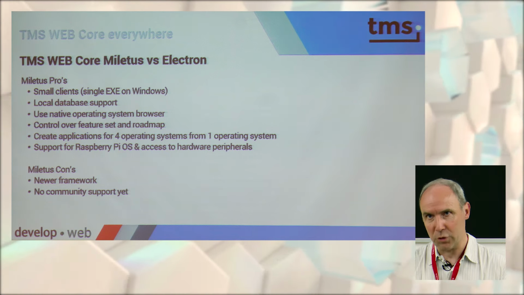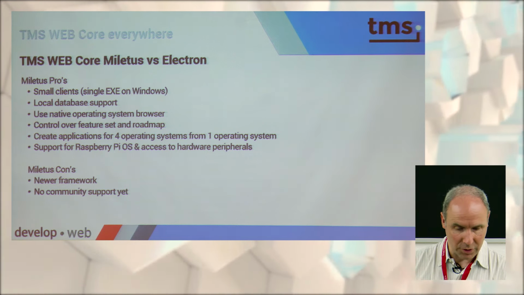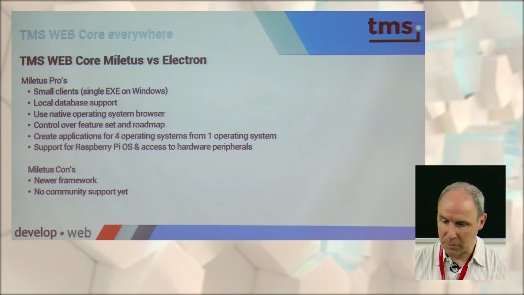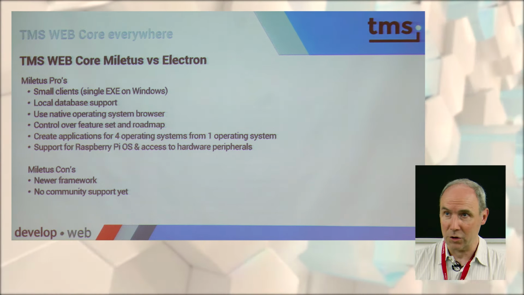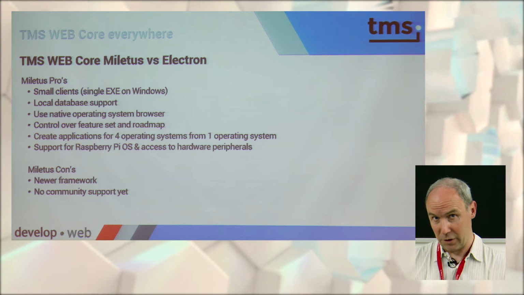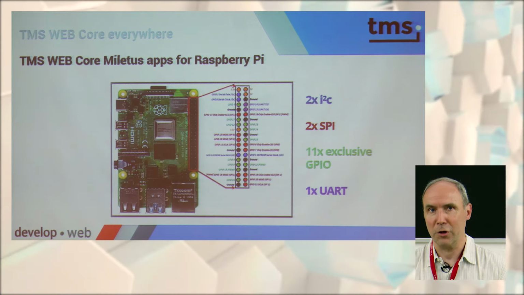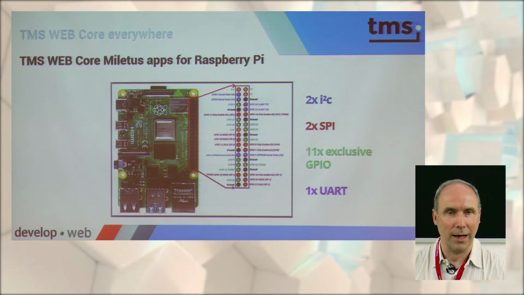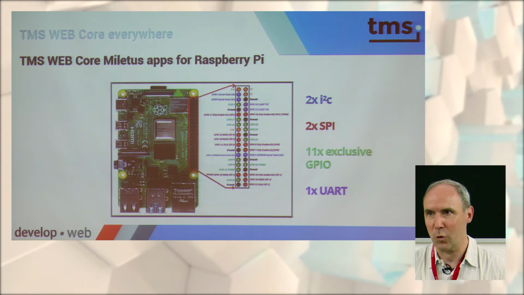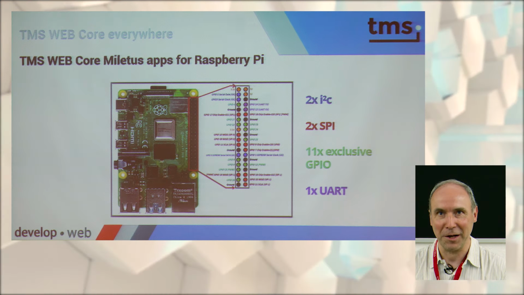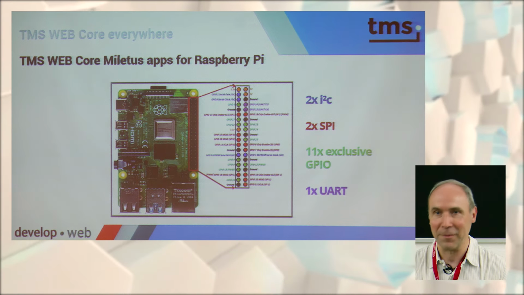One of the pros of Miletus is that it supports Raspberry Pi. And the nice thing about supporting Raspberry Pi is that it can also take advantage of the electronics that you can connect to your Raspberry Pi. I'm not sure how many of you play from time to time with the Raspberry Pi or have applications running on a Raspberry Pi.